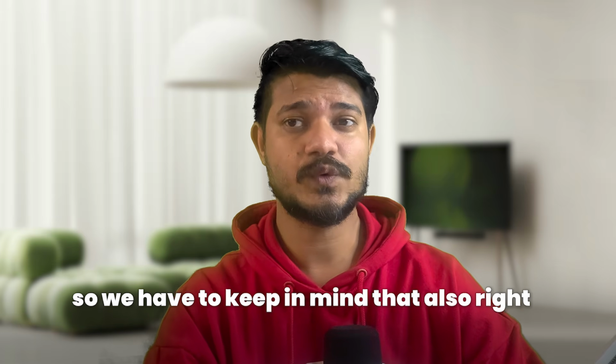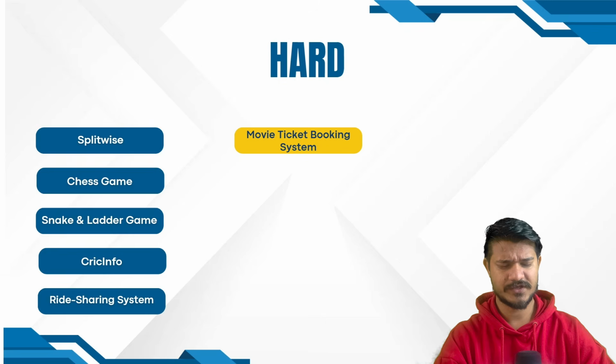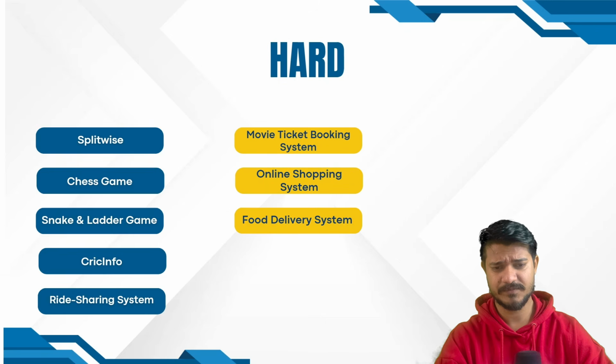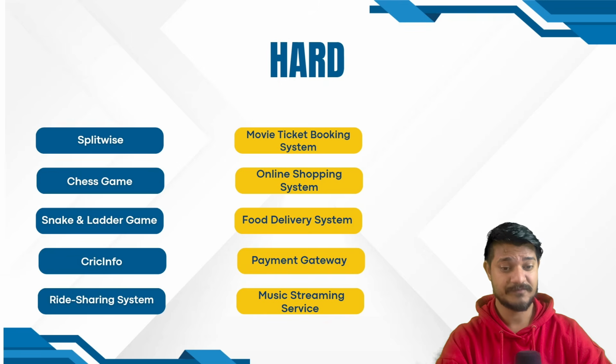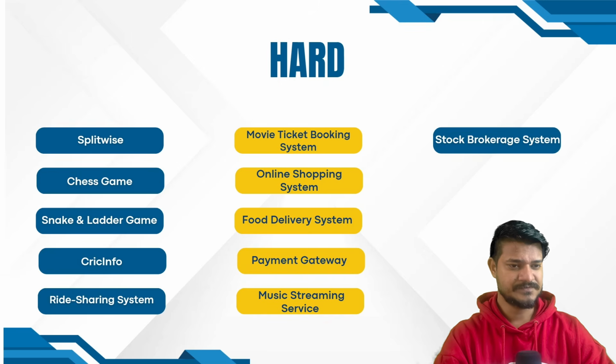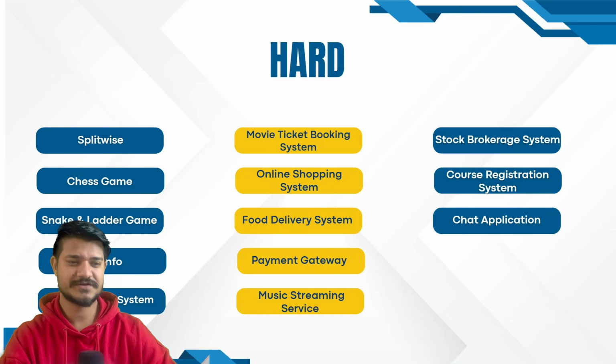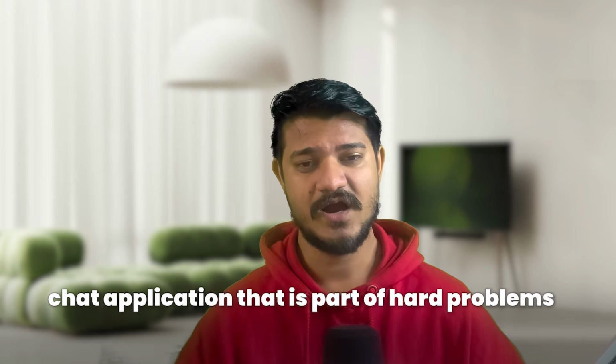So we have to keep that in mind also. Movie ticket booking system, online shopping system like Amazon, food delivery system, payment gateway, music streaming service, stock brokerage system, course registration system, chat application. As part of hard problems, we are covering 5, 10, 13 problems, right?